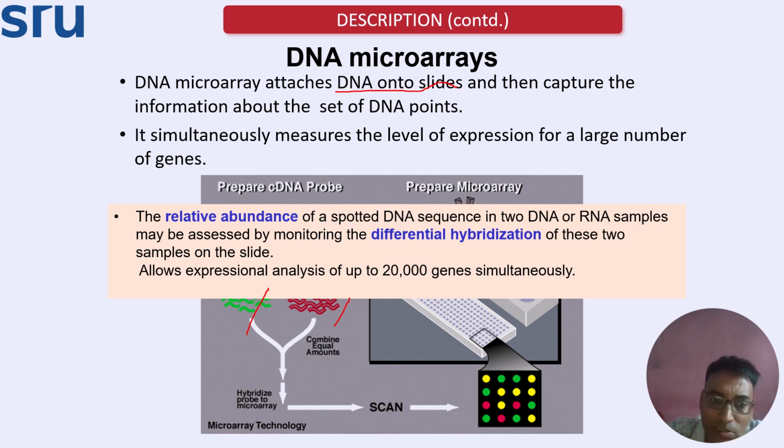It allows the expression of up to 20,000 genes simultaneously. That's the real beauty. Even if 20,000 probes are present on a microarray plate, I can analyze all 20,000 genes, how the expression levels have been under these different conditions. So that's the entire part.